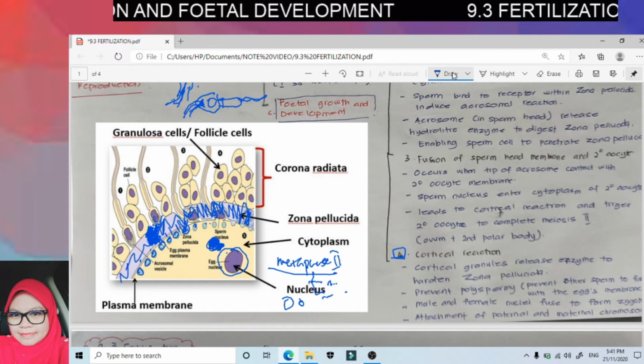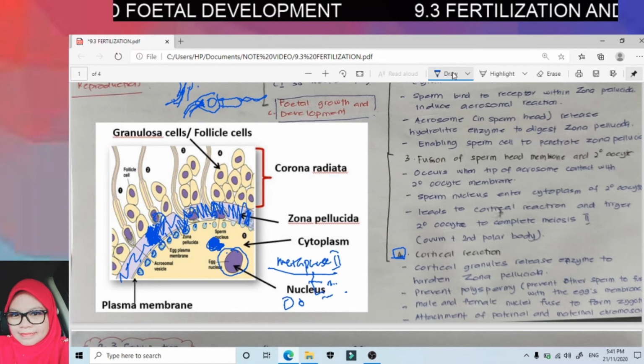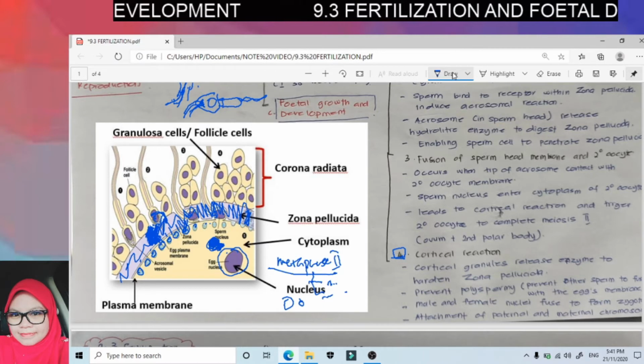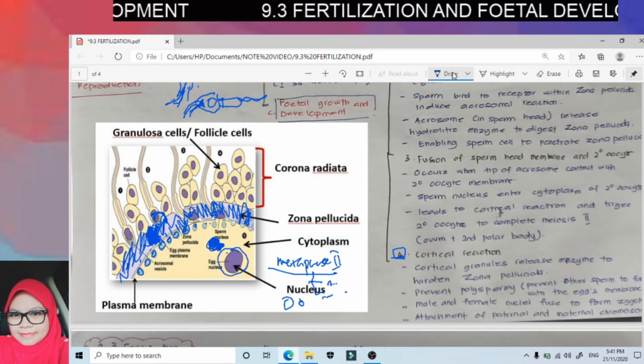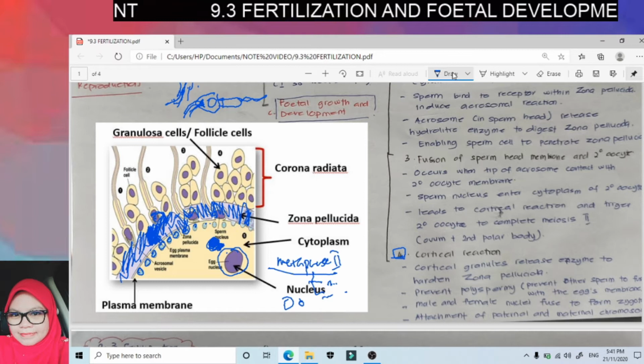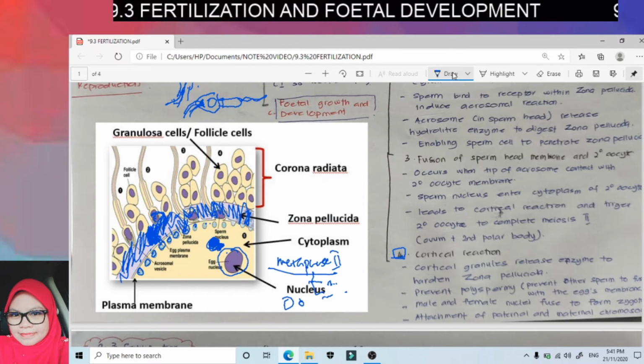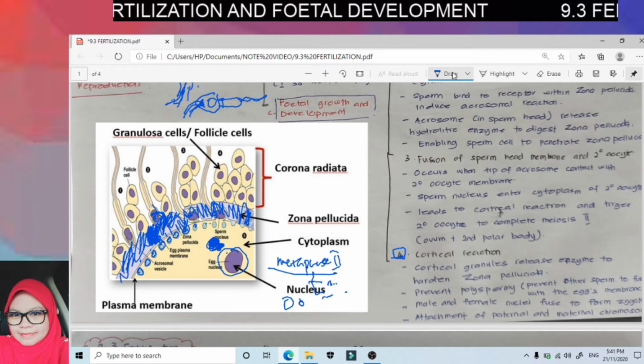So datanglah sperm ini, dia bagilah 1 liter hydrolytic enzyme, 1 gallon hydrolytic enzyme pun takkan mampu penetrate ataupun digest zona pellucida itu. Okay, so takkan mampu dah untuk penetrate this zona pellucida.